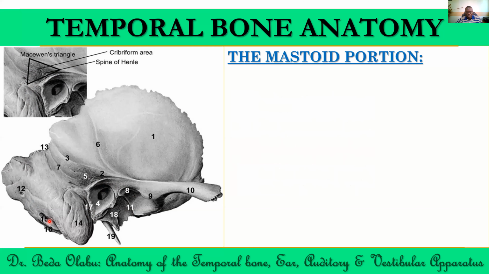Tegmen tympani. And we have this groove for the greater petrosal nerve, a nerve that is branching from the facial nerve to come and join with the deep petrosal nerve to form the nerve of the pterygoid canal.